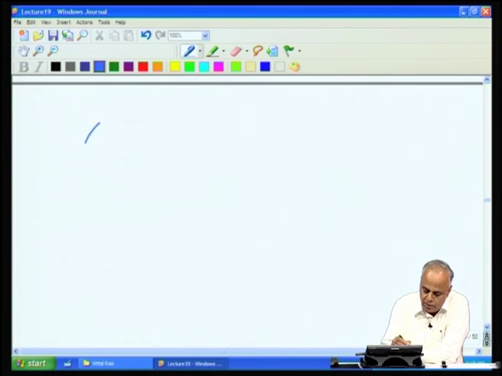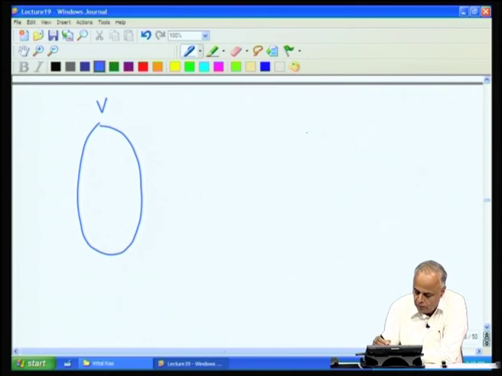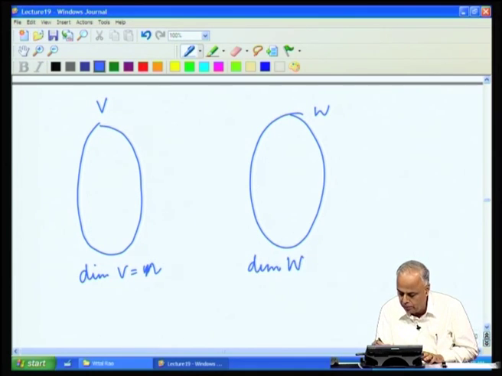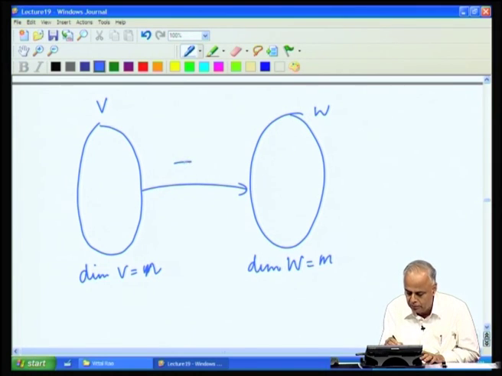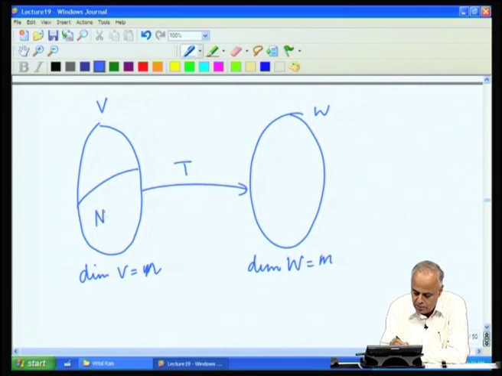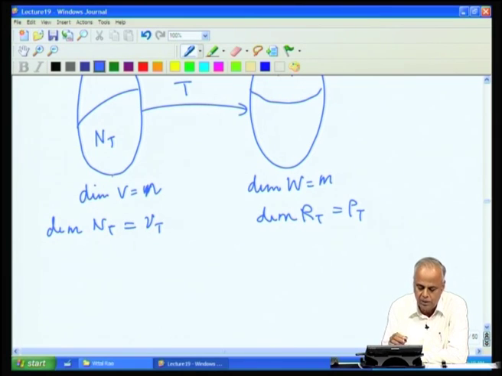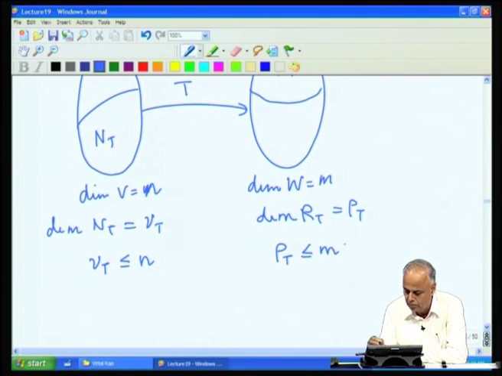Now, what we have so far is, here is the vector space V, here is the vector space W, and the dimension of V is equal to n, say, and the dimension of W equal to m, say, and there is a linear transformation T. A part of V is what is known as the null space of T, and a part of W is what is known as the range of T. The dimension of N(T) is what is known as nu of T, and the dimension of R(T) is what is known as rho of T, and since the null space of T is a part of V, we have nu T is less than or equal to n. Similarly, we have rho T is less than or equal to m.